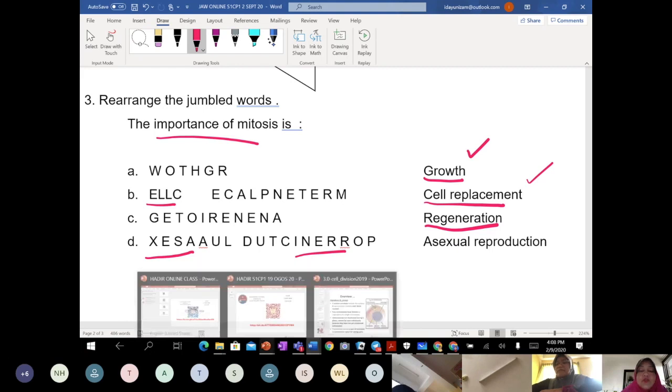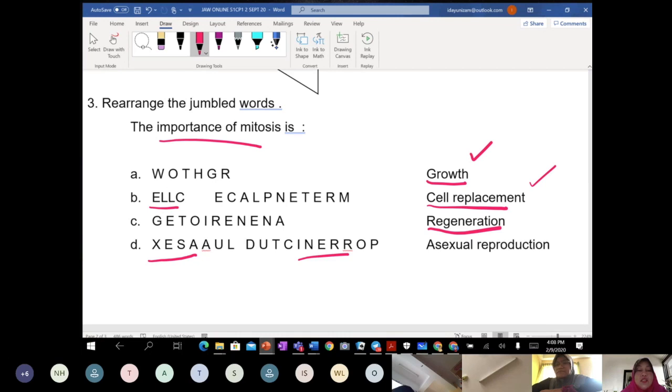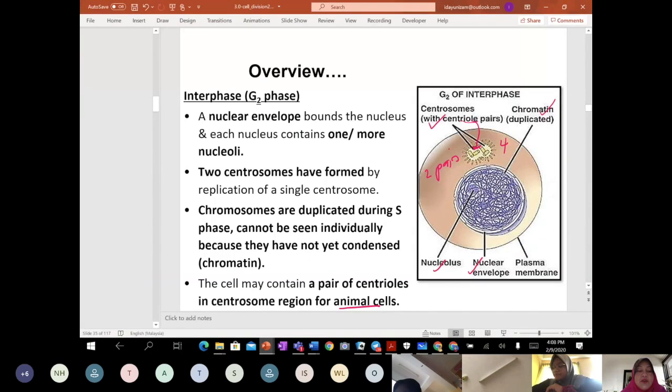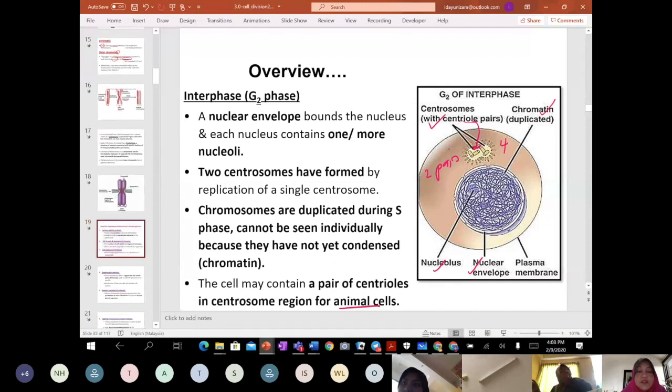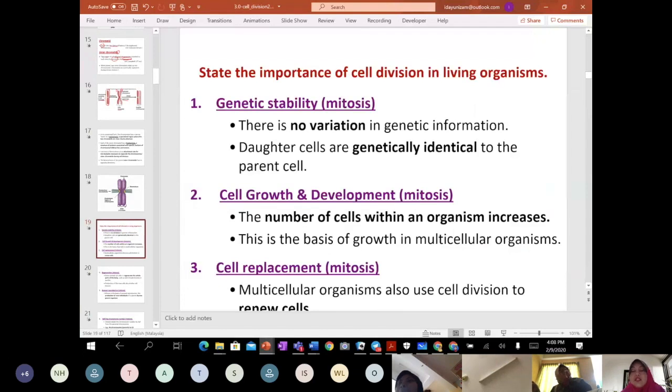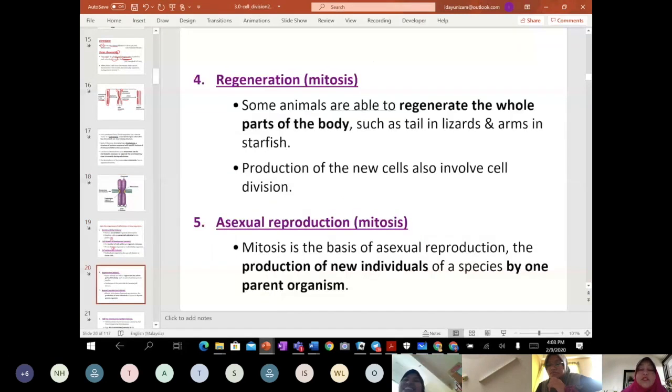You may refer to the beginning of the slide just now. Our notes also mention this importance. So the importance besides growth, teacher just now gave 4 slides: growth, cell replacement, regeneration, asexual reproduction, number 4.